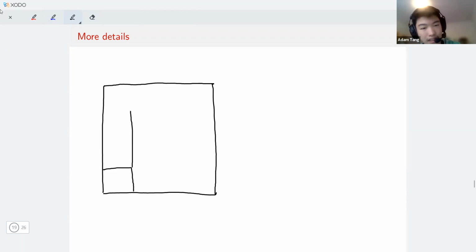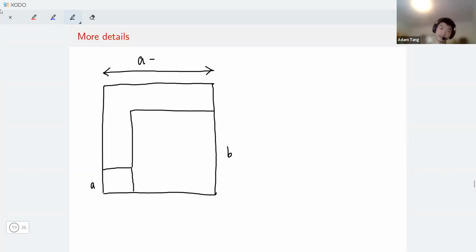The construction goes as follows. You have the two squares, side lengths A and B. So we can put these in a bigger square, side length A plus B. And we want to construct a square that has area A squared plus B squared. It is not simply the area of this big square.